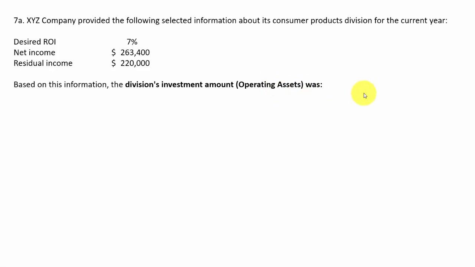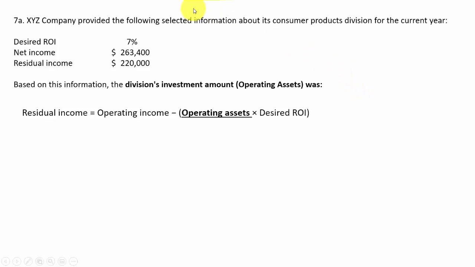Well, all this information here is really the pieces that you need. I'll just show you here. Here's a calculation for residual income. Residual income is equal to the operating income for a company minus, in brackets here, the operating assets times the desired return on investment.